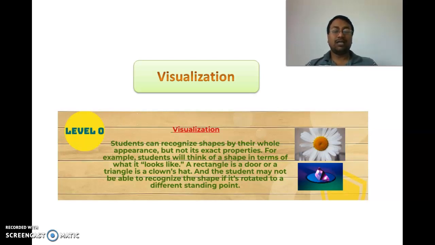For example, a student will think of a shape in terms of what it looks like: a rectangle is a door, or a triangle is a clown hat. The student may not be able to recognize the shape if it is rotated to a different position. That means they can just visualize the shape, not its geometrical properties.